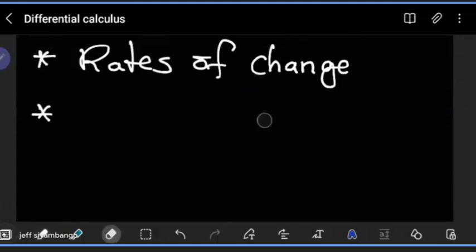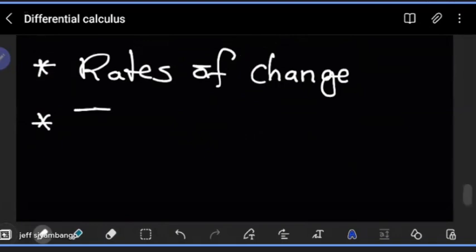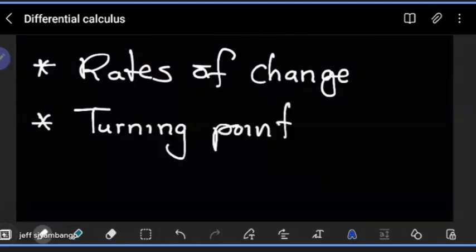So we're going to see exactly how a derivative will be used to determine the gradient of a line. So when you differentiate a function, what you actually get is an equation that gives you the gradient at any point on that function. So we're going to use derivatives to determine turning points. Okay, so that is going to be one use.